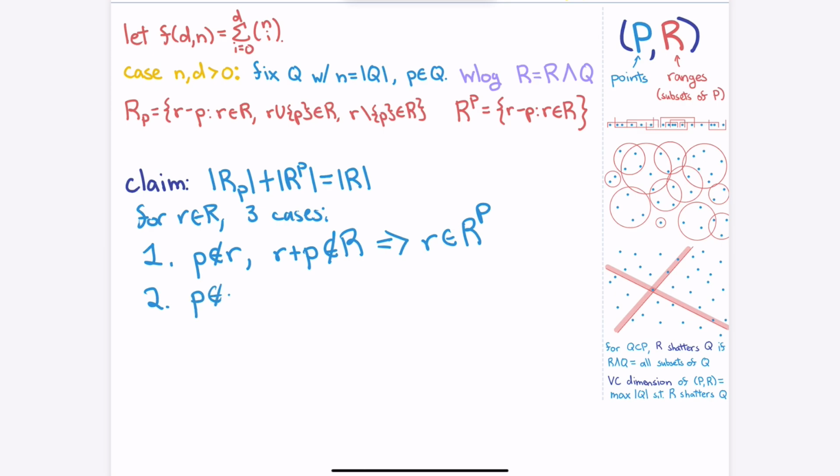P is not in R, and R plus P is in R. What would that imply? Okay, so these are actually getting double counted. So that's not a good sign.